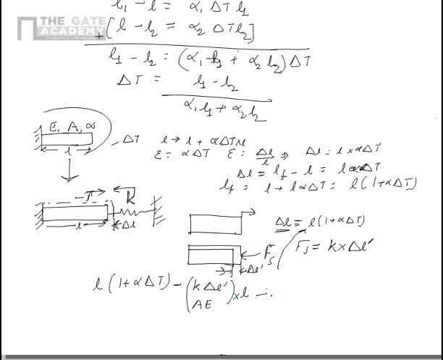This is equal to the change of length, which is finally there. So please see this equation very carefully. This is the expansion caused by free thermal expansion minus what is happening because of the spring, which is equal to the final length increase.